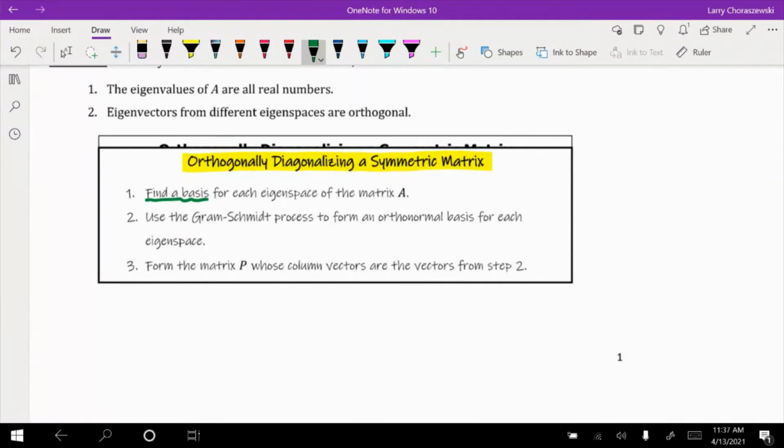Now, in some cases, you might get 2 or more basis vectors. And if that's the situation we land in, then we have to use the Gram-Schmidt process to make sure that the basis is an orthonormal basis for the eigenspace.